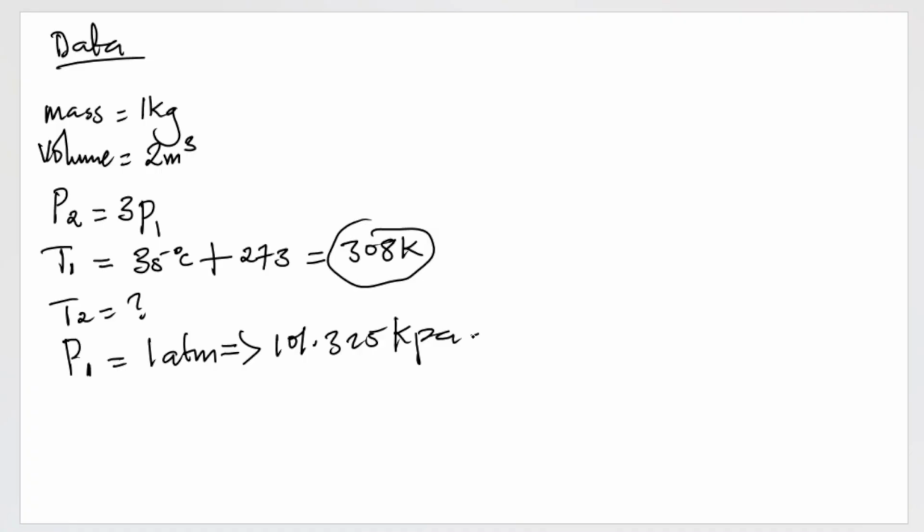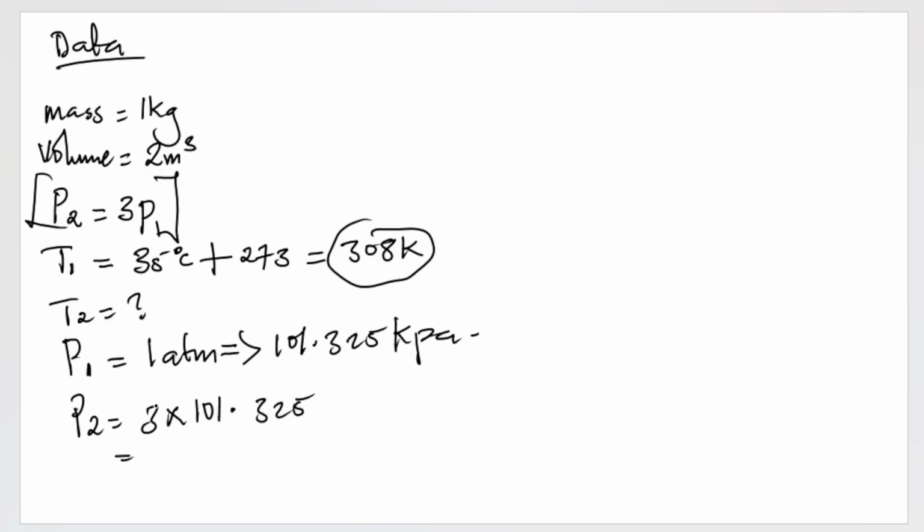We've succeeded in getting P1 and T1, but we don't know what P2 is. But here we're given a condition that P2 is 3 times P1. So if we have P1 to be 101.325, P2 will now be equal to 3 times 101.325.